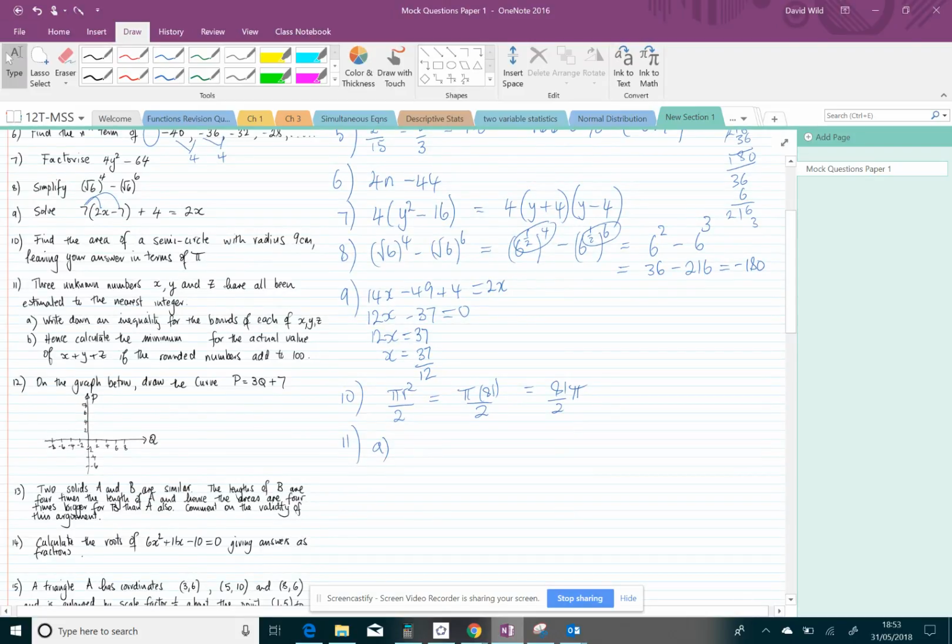Well, if they're to the nearest integer, we need to share that integer across this inequality. So this is going to be whatever x was, minus 0.5 to x plus 0.5. So whatever this value in the middle is, we need to subtract a half from each side. And then for y, we've got the same thing.